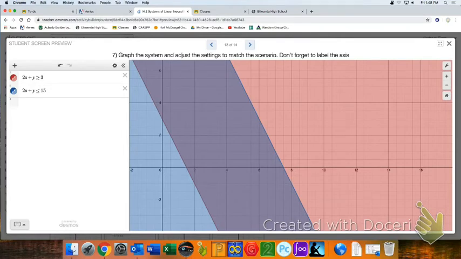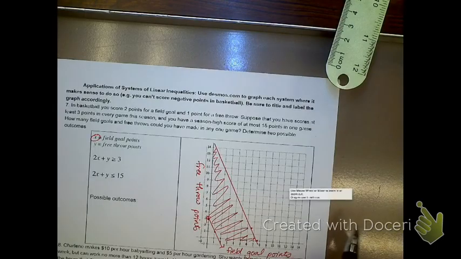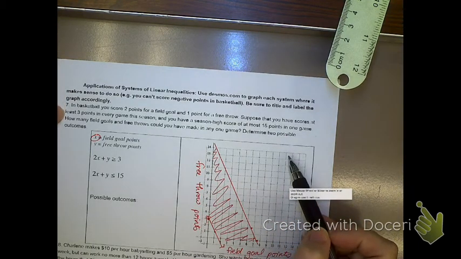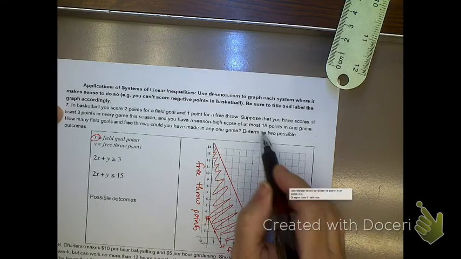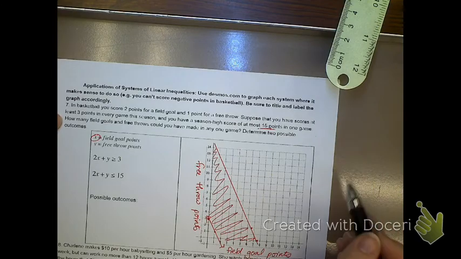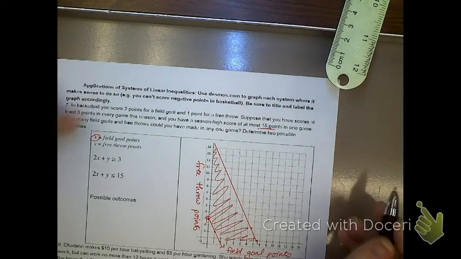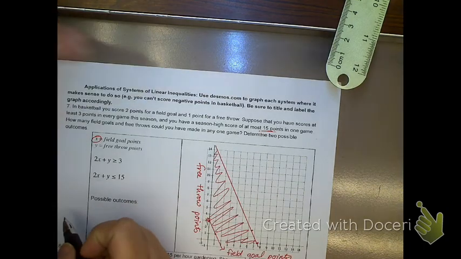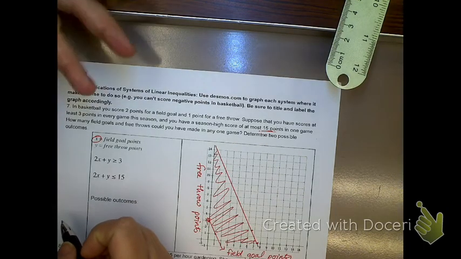So let's try and actually give some meaning to what that shaded region is telling us in this circumstance. Suppose you score at least 3 points in every game this season, and you have a season high score of at most 15 points in one game. How many field goals and free throws could you have made in any one game? Determine 2 possible outcomes. Well, determining 2 possible outcomes is the same thing as saying state 2 solutions, right?